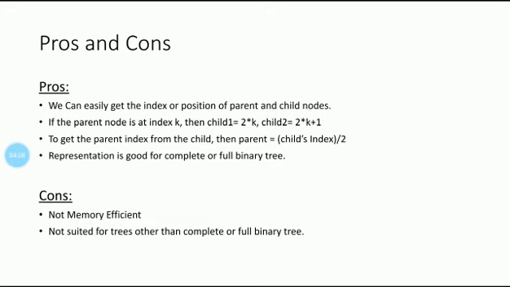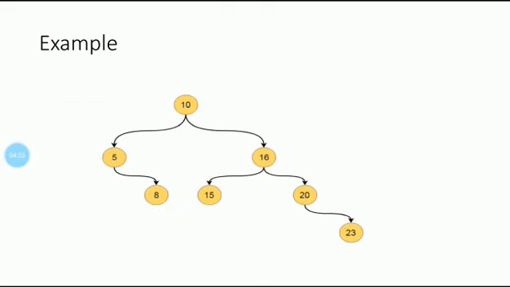If the parent node is at index k, then the left child index is 2 into k, and the right child index is 2 into k plus 1. And by looking at the tree, we can easily determine how these elements are stored in memory.